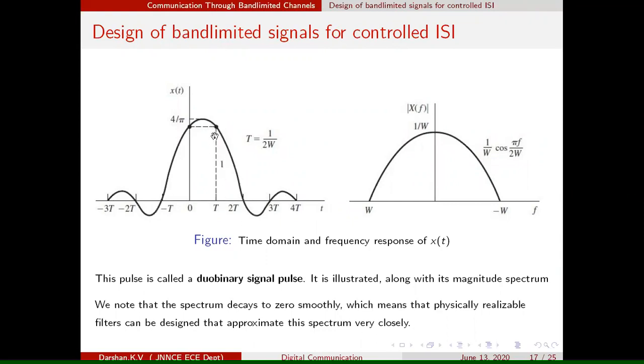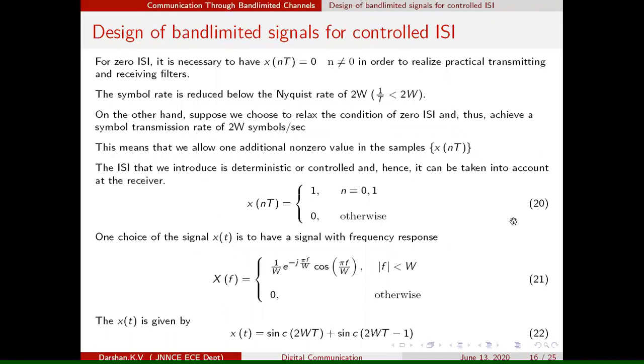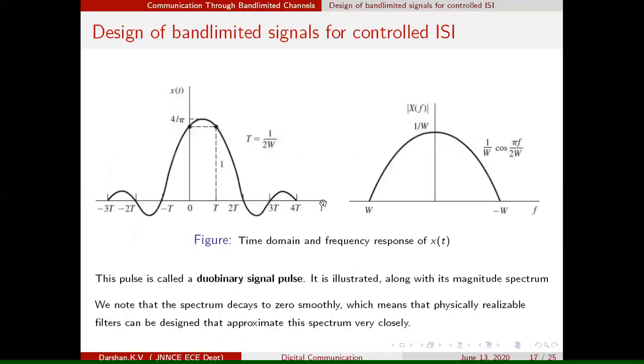This is the additional ISI component we are going to use, which is shown in equation 20. See over here, at n is equal to 1 also, we have a non-zero component, which has been shown in the graph also. So the duobinary pulse we were using for the design to obtain the controlled ISI.